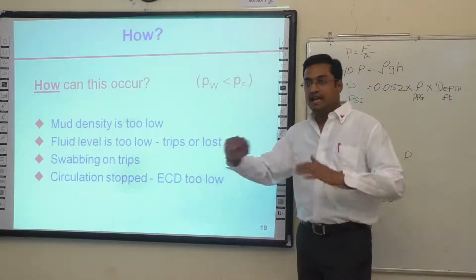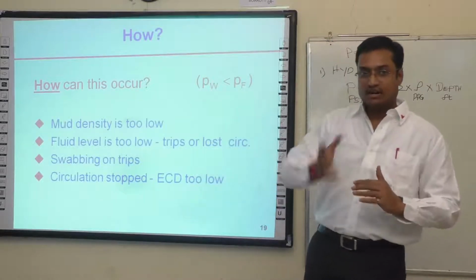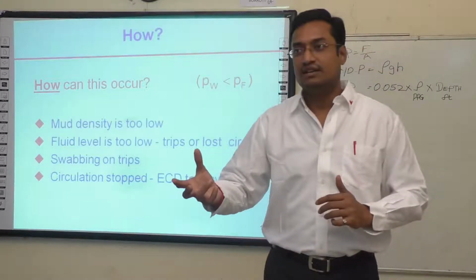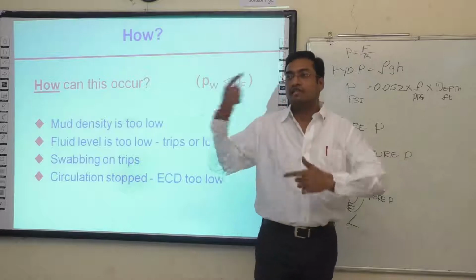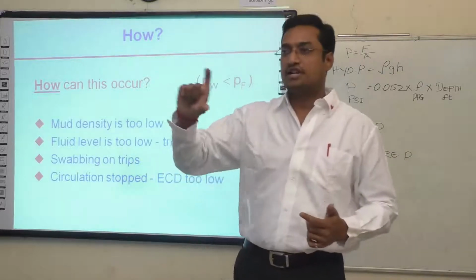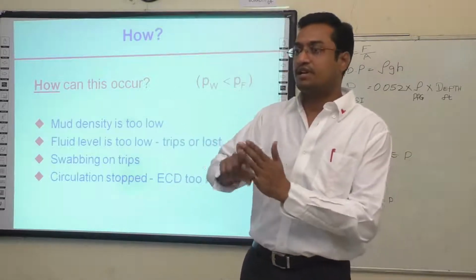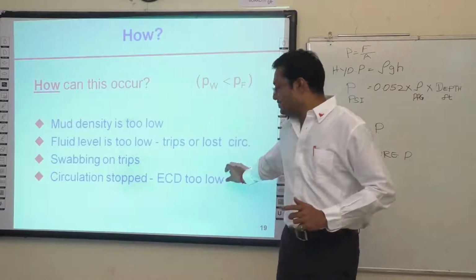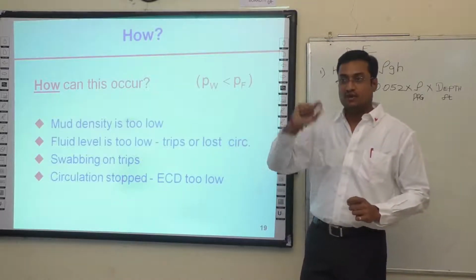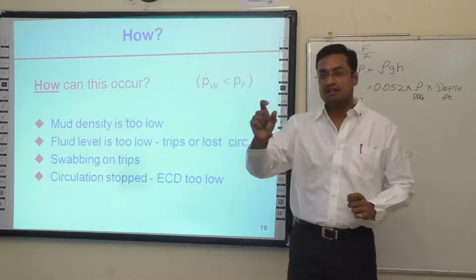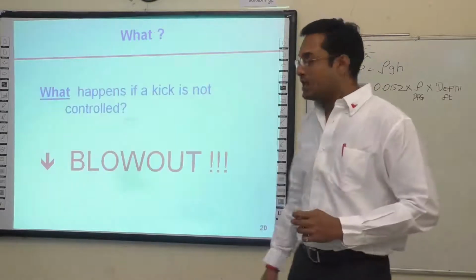ECD is nothing but equivalent circulating density. Even though you have a given mud density, when you are circulating the fluid, because of the additional frictional pressure in the annulus, there is a slight increase in density because of circulation. That is ECD. We will cover it in the next topic.